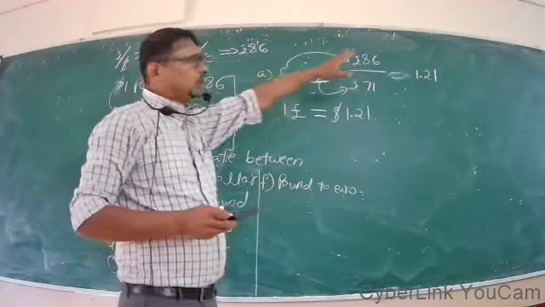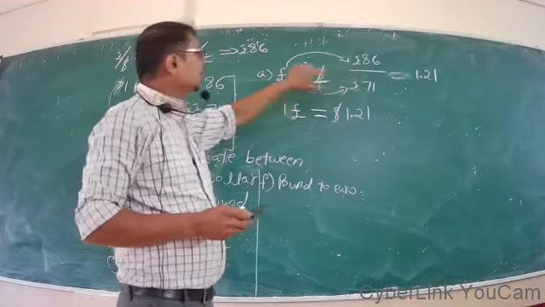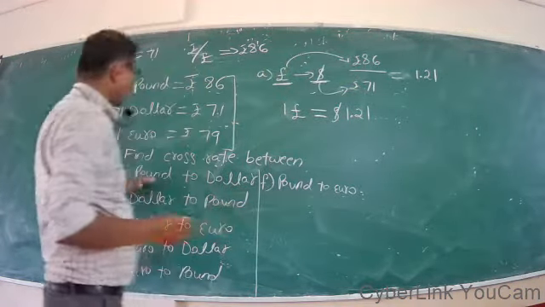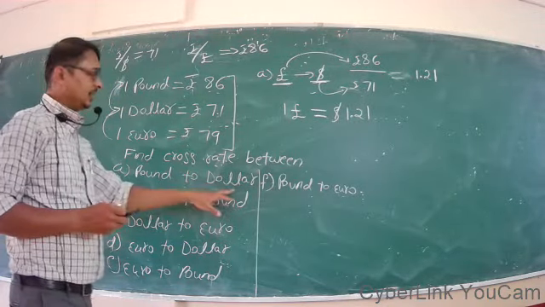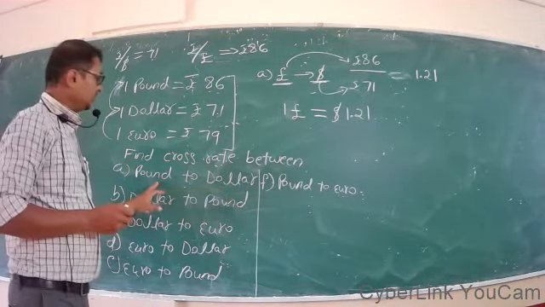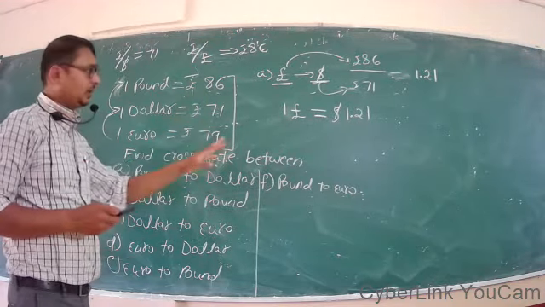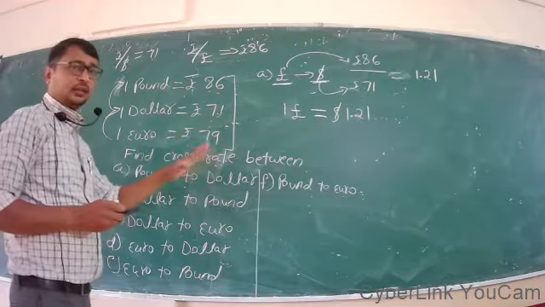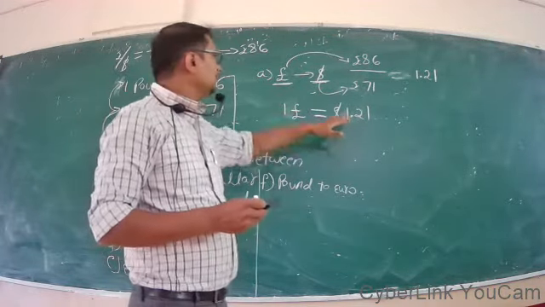See, for pound, how many rupees is given? For dollar, rupees is given. The first currency they are asking is pound and the second currency is dollar. The first currency becomes the numerator and the second currency becomes the denominator. The answer will be in the currency symbol of the denominator. The denominator is dollar.